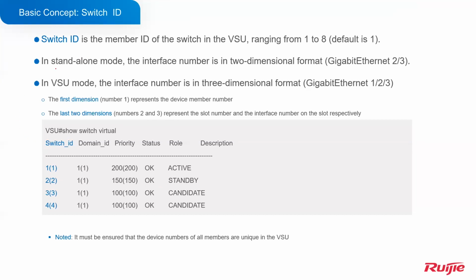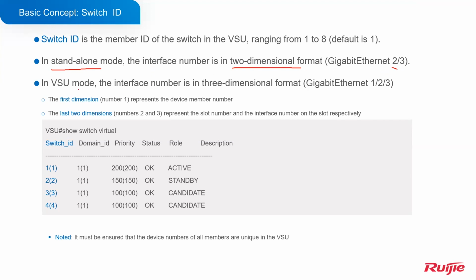Different switch IDs have different meaning, especially when you do the configuration. If we are in standalone mode, that means you haven't added the VSU configuration, our interface number is in 2-dimensional format, like GigabitEthernet 2/3. That means slot 2 and interface number 3.